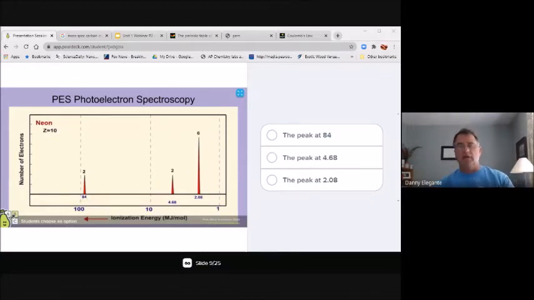Whoever is the closest to the nucleus is going to have the highest ionization energy. And what does that mean, highest ionization energy? It means it takes the most energy to knock loose those electrons. So you guys have probably all seen this in class before. You're sitting in class, there's a troublemaker, maybe it's you.